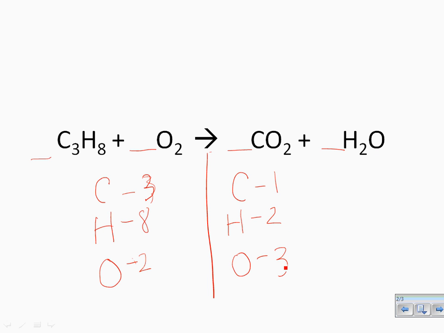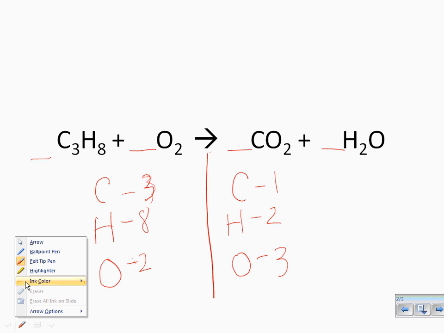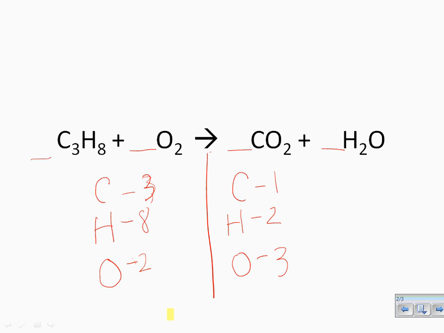In this reaction, and you may find this in several different reactions, we have 2 oxygen on one side and 3 on the other. And in the last video, I said find the common product. But in this one, it will be difficult to do because we have oxygen in both of the products.